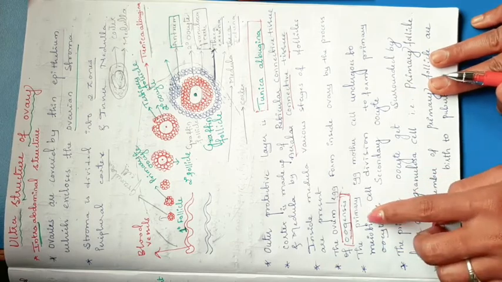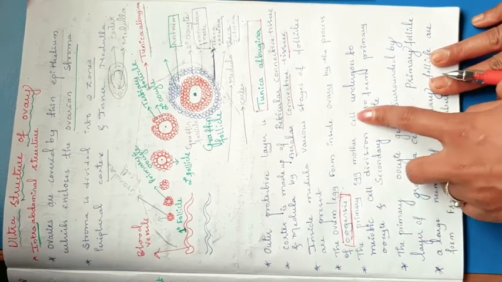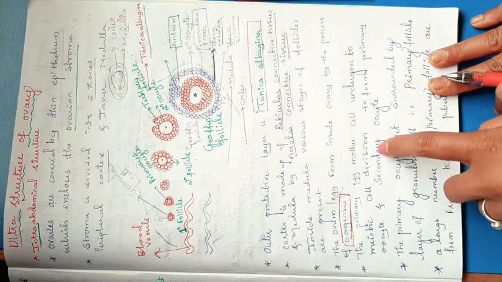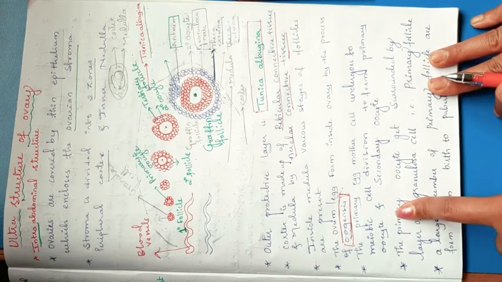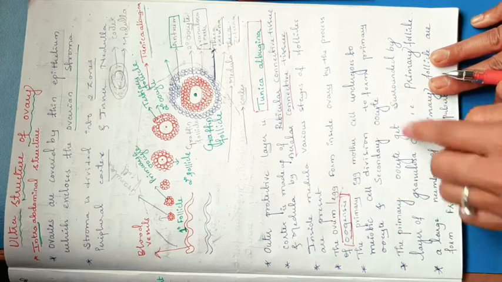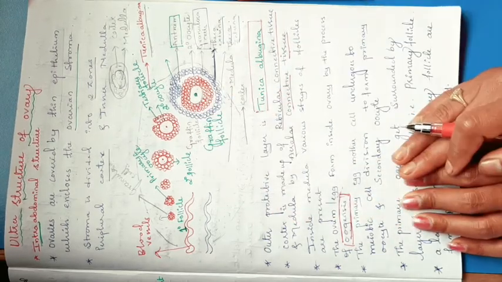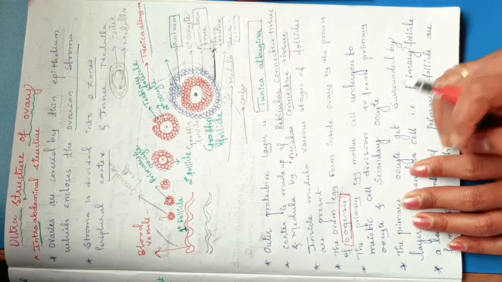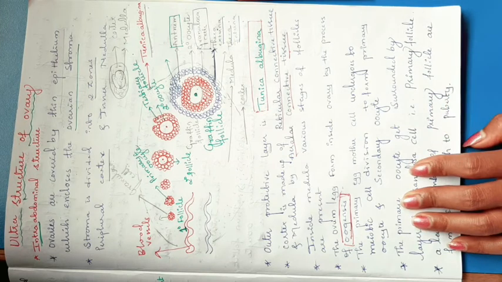Next, the primary egg mother cell undergoes meiotic cell division to form a primary oocyte. Then, after the primary oocyte, it forms a secondary oocyte. The complete division we have to discuss in gametogenesis.